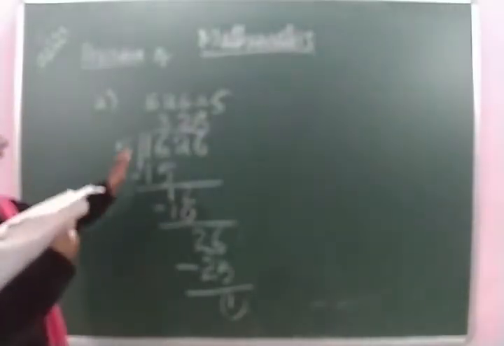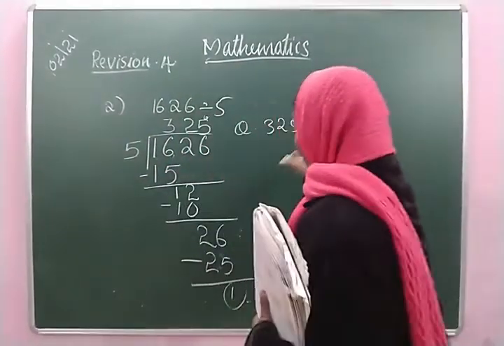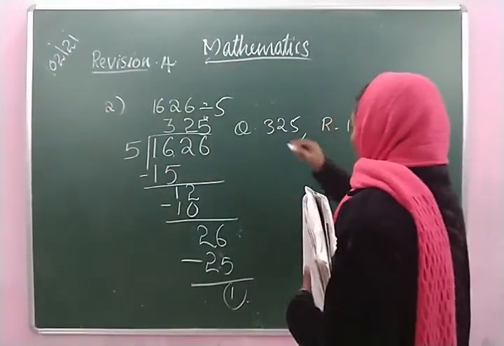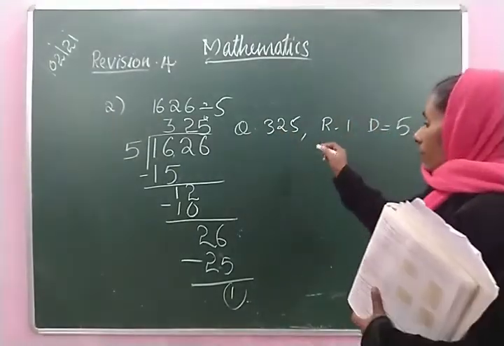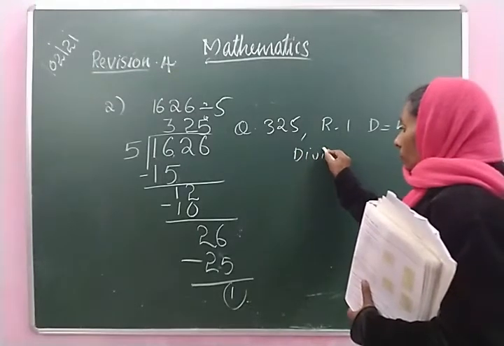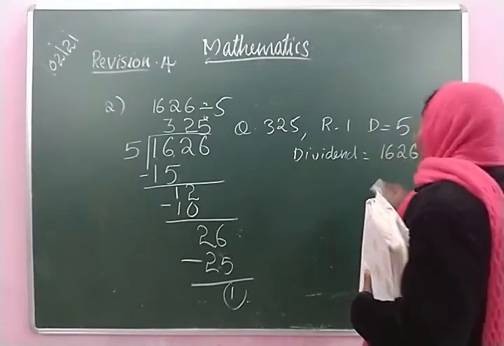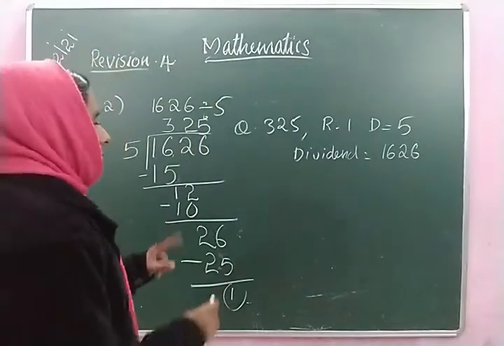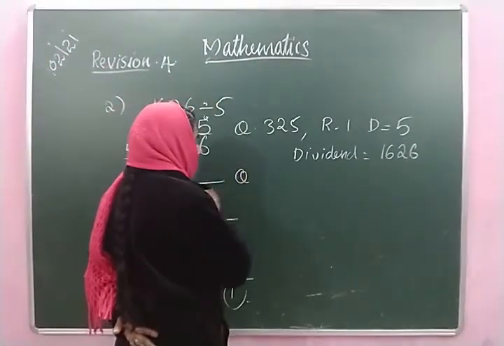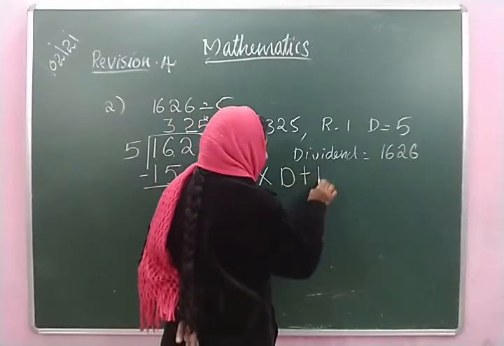Here, while doing this division first, we have got a quotient of 325. Remainder is 1. What is the divisor? Divisor is 5. What is the dividend? Dividend is 1626. Then we have to verify this answer. For the verification we write quotient multiplied by divisor plus remainder.